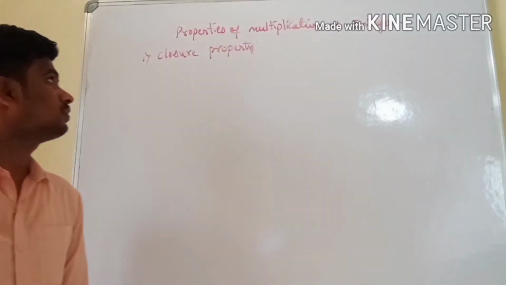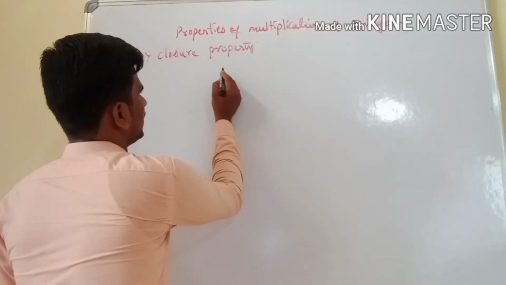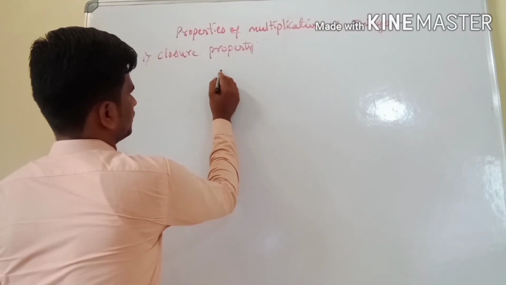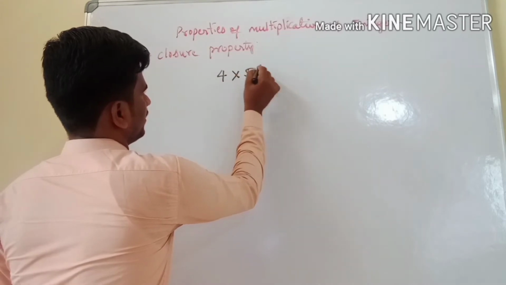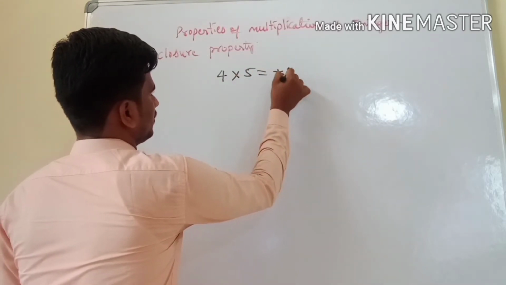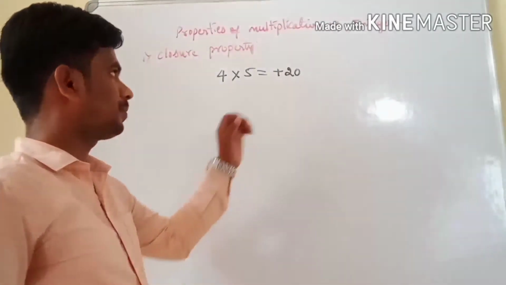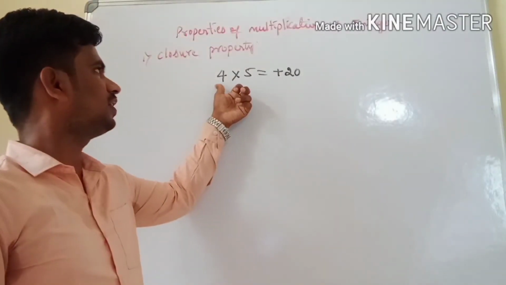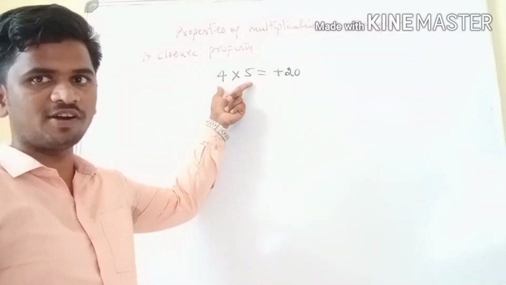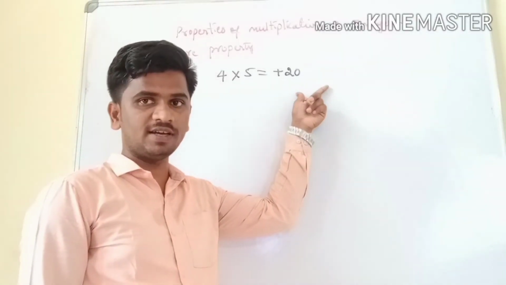What does the closure property say? If you multiply two integers, that is 4 into 5, its value will be 20. Here the product 20 is also an integer. We have considered two integers, 4 and 5, and their product is also an integer.